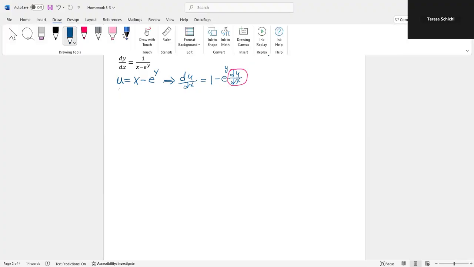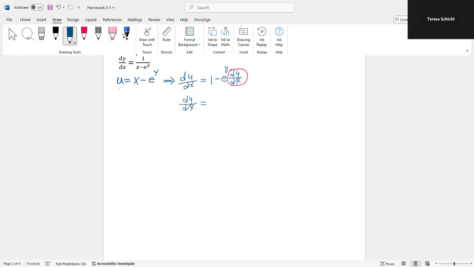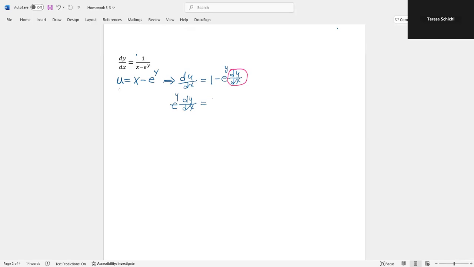So this one will give me dy/dx. Don't skip the step here. This is e^y dy/dx equal to 1 minus du/dx.